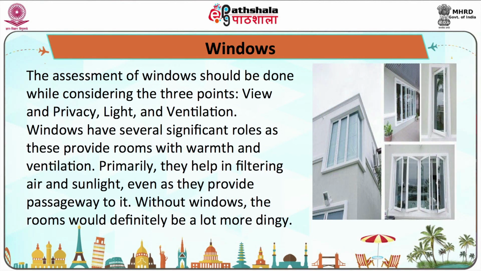The assessment of windows should be done while considering 3 points, that is, view and privacy, light and ventilation. Windows have several significant roles, as these provide rooms with warmth and ventilation. Primarily, they help in filtering air and sunlight, as they provide a passageway to it. Without windows, the rooms would definitely be a lot more dingy.